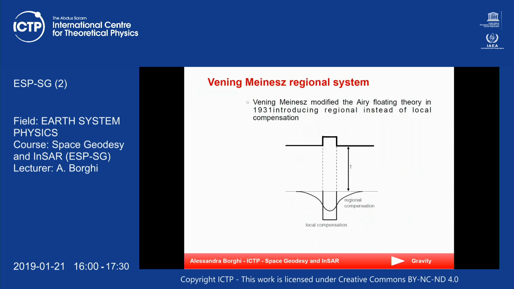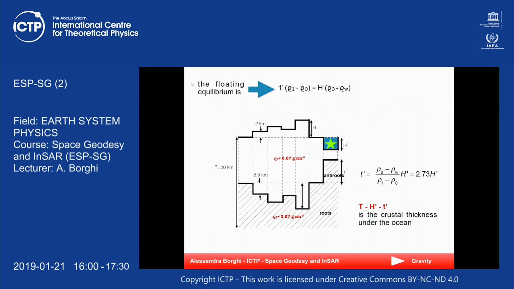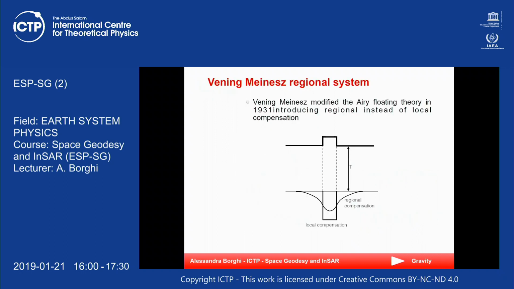Okay, in the Airy approach, as you see, there is a rough model of the surface. There is an improvement of the model, by Vening Meinesz, I'm not sure about the pronunciation, that in 1931 introduced a regional compensation or local compensation.